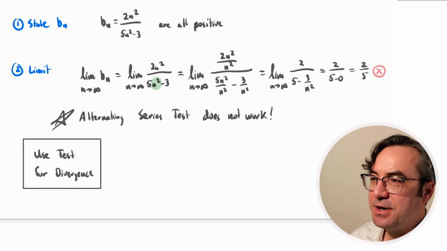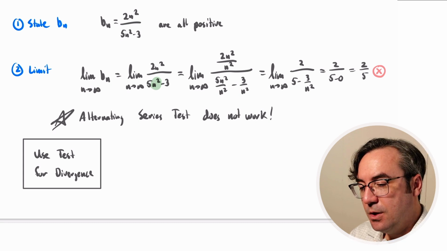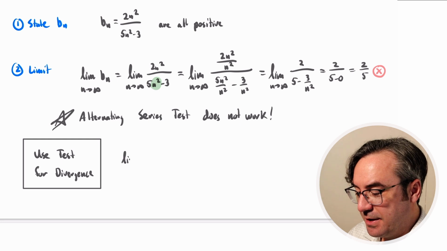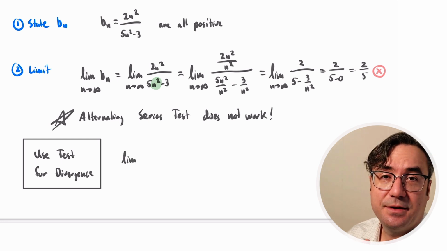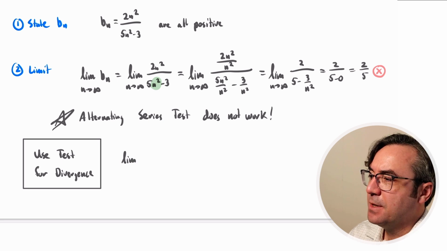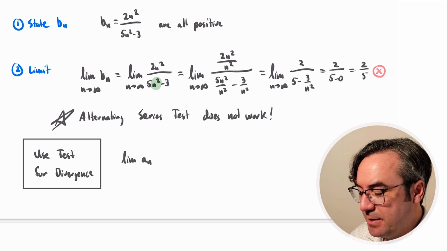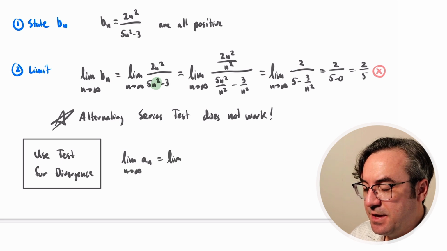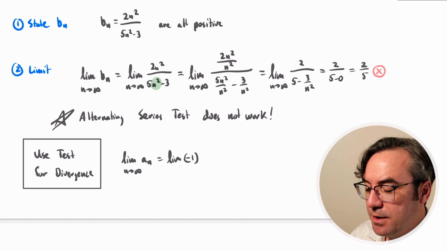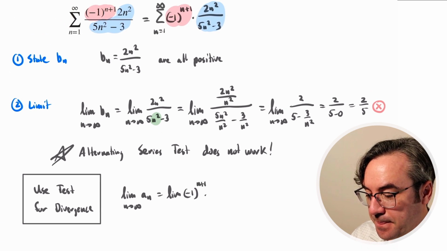So what do we have to calculate with the test for divergence? Well, we have to calculate the limit of the entire thing, not just the non-alternating component. So the test for divergence is the limit of an as n goes to infinity. So it's the limit of the entire thing. Negative 1 raised to the n plus 1 with that non-alternating component.